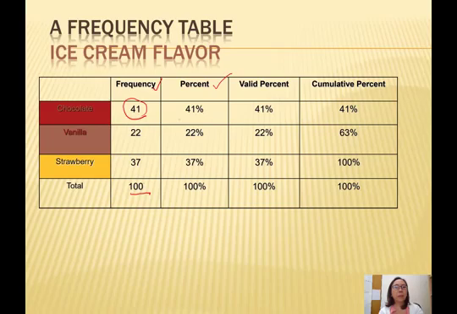Similarly, 22 out of 100 is 22%, 37 out of 100 is 37%, for the total of 100. Sometimes rather than saying 41 people like the chocolate flavor, if you said 41% of the people like the chocolate, that makes better sense. That gives you an idea of the context within which you've calculated the percent.